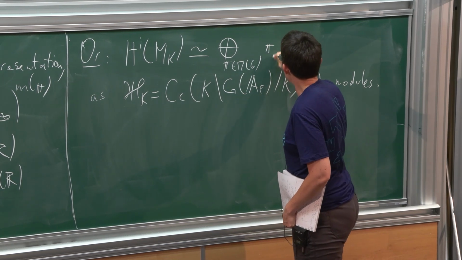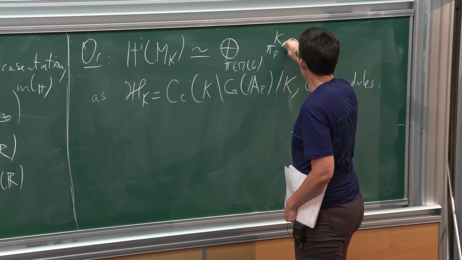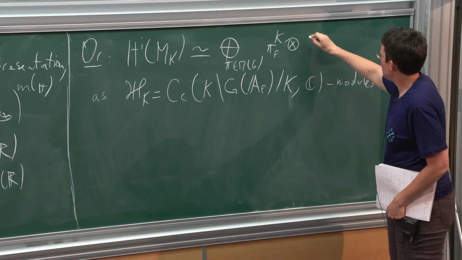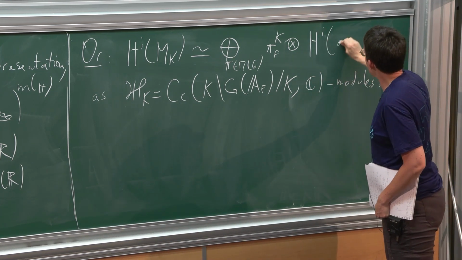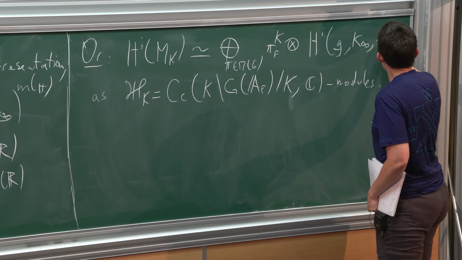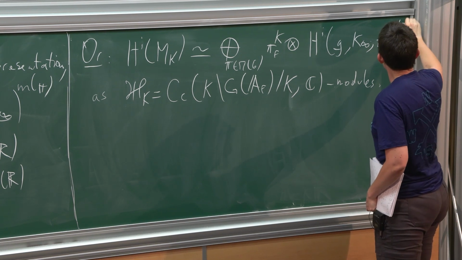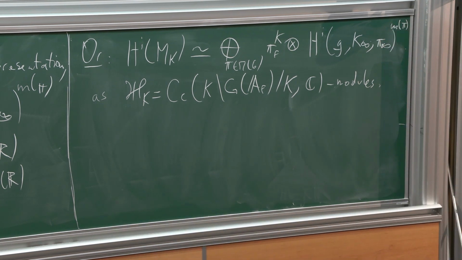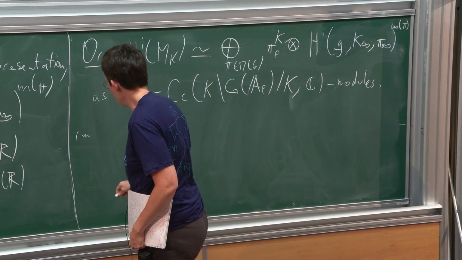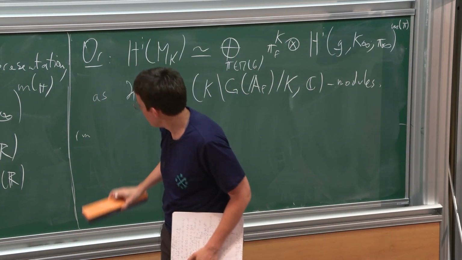It's exactly the same formula, except here you have to take K-invariant vectors in the pi_f part. Okay.